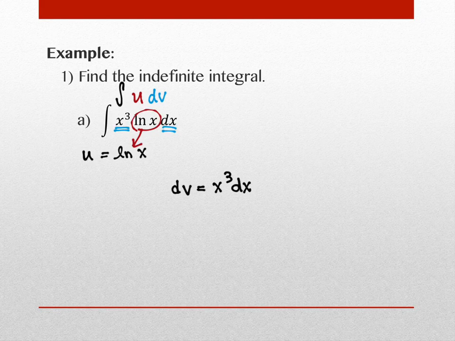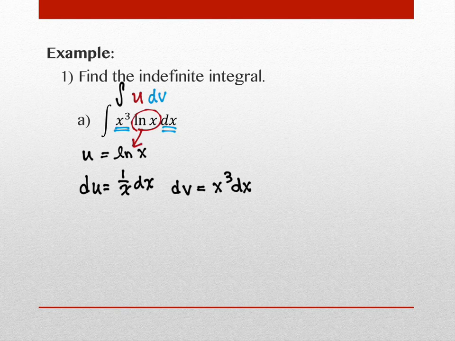So what is du, the derivative of the natural log of x? Very good. 1 over x dx. Just like in u substitution. So the u part looks and feels a lot like a u substitution step. I take the derivative of u, it's 1 over x dx.